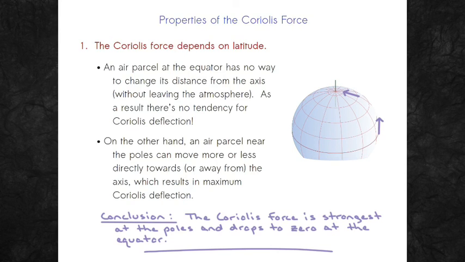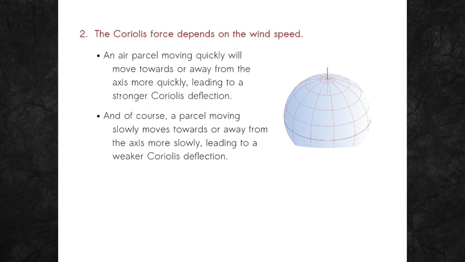There's a latitude dependence. The second thing we need to be aware of is that it also depends on the wind speed, and it's kind of for a similar reason. If I think about a parcel moving northward here, as it moves northward, it goes towards the axis of rotation, and pulling it in towards the axis of rotation causes it to spin faster and bend towards the east.